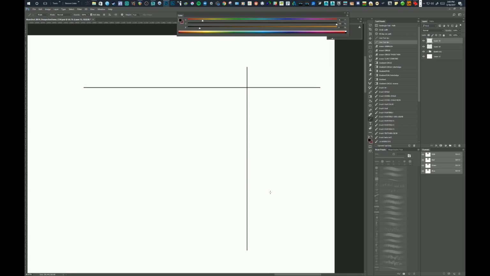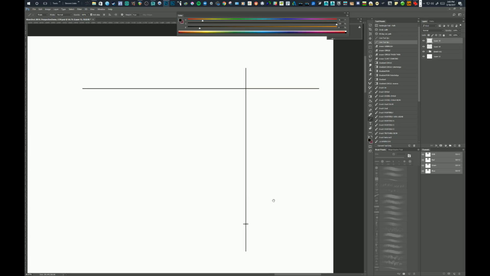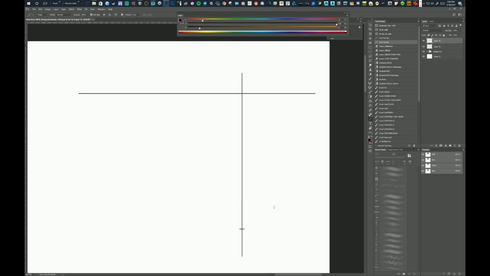So now I'm going to just define the station point. I'm going to say that the station point is right here. This is arbitrary. So this is the first way, right? So the first way is to arbitrarily place the station point, and then I can calculate the cone of vision from there. So if I draw a line from the station point up to the center of vision, notice that the little label to the upper right of my cursor, it has an angle degree, right?